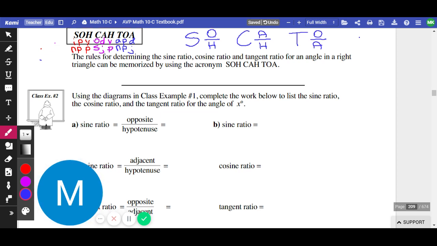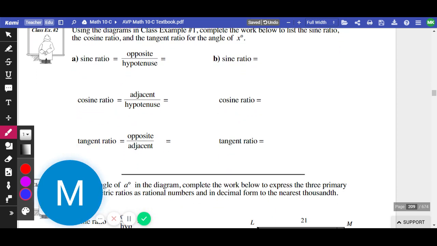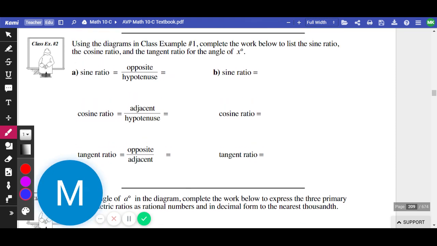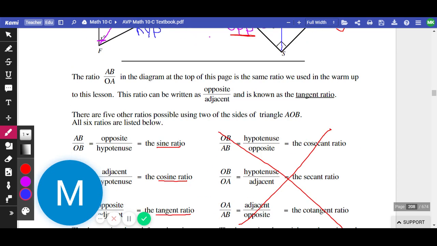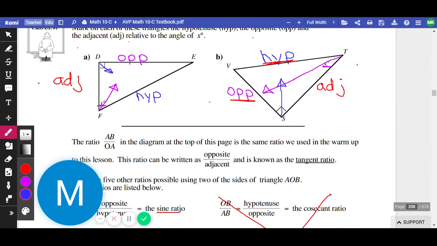Fantastic. We're going to go back to class example 1, which was naming those two triangles above. And we're going to write out what the sine ratio, cos ratio, and tangent ratio actually were. So the sine ratio for example A. If you look up at example A, you want to do opposite divided by hypotenuse.